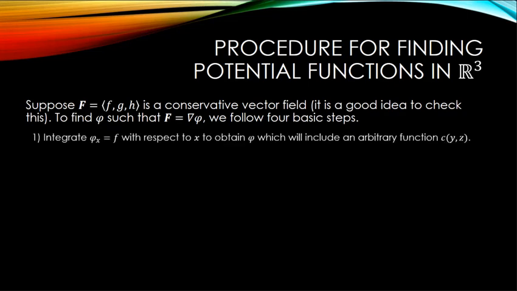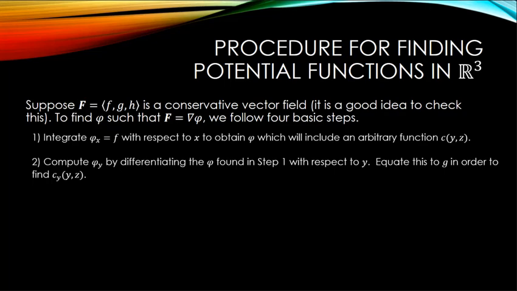First, we integrate my partial of phi with respect to x is equal to f with respect to x in order to obtain phi. This phi will include an arbitrary function that is in terms of my other two variables, c of yz. Next, I'm going to compute the partial of phi with respect to y by differentiating the phi we just found in step 1 with respect to y. And I'm going to equate this to g in order to find the derivative of c with respect to y.